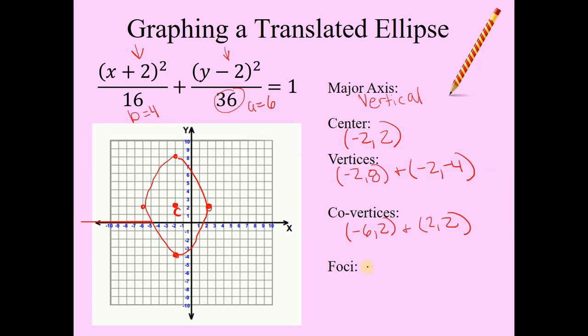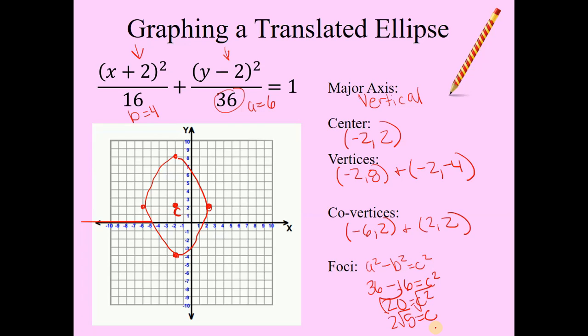My foci: still the same equation that I was using last time, a squared minus b squared equals c squared. So 36 minus 16 equals c squared, because a is 6 and b was 4. That tells me 20 equals c squared. If I square root both sides, that would be 2 square root of 5 equals c.